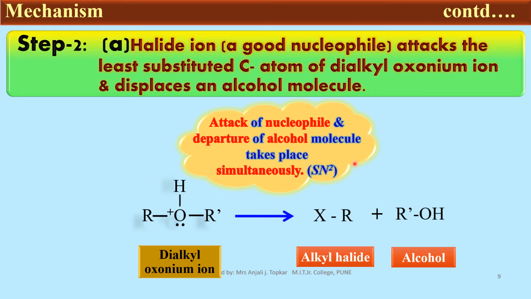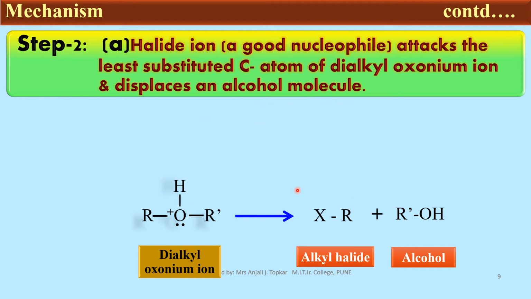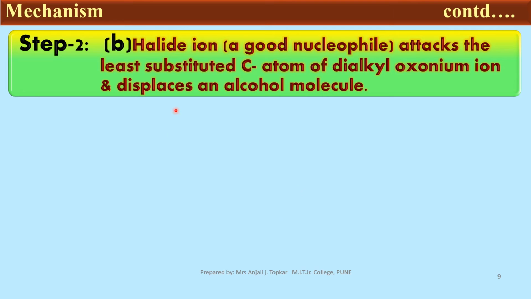In step number 2B, halide ion, which is a good nucleophile, attacks the least substituted carbon atom of dialkyl oxonium ion and displaces an alcohol molecule. This is dialkyl oxonium ion.